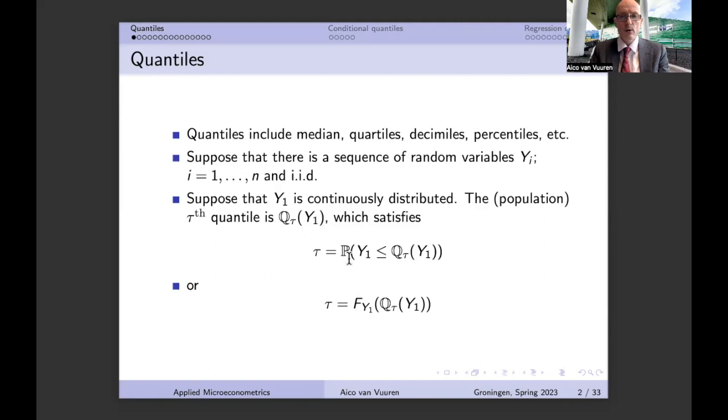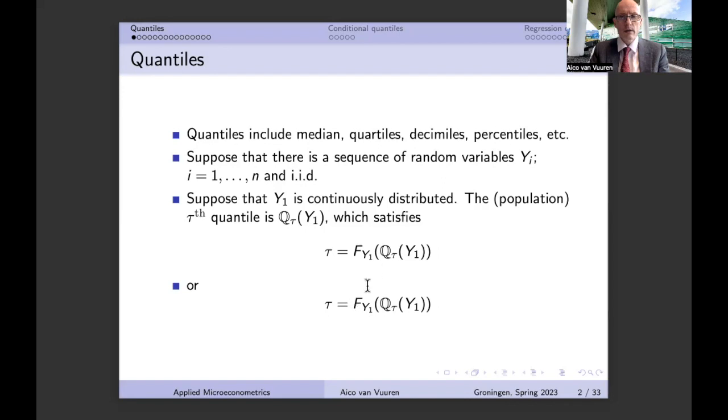In addition to that, we also see that this probability is actually nothing else than the distribution function of Y_1. So we can also write it as the distribution function of Y_1, evaluated at our quantile. And then we can use the fact that we have a continuously distributed random variable.